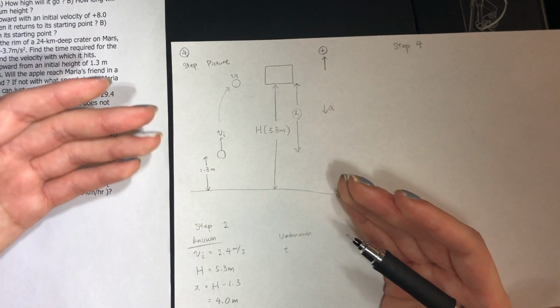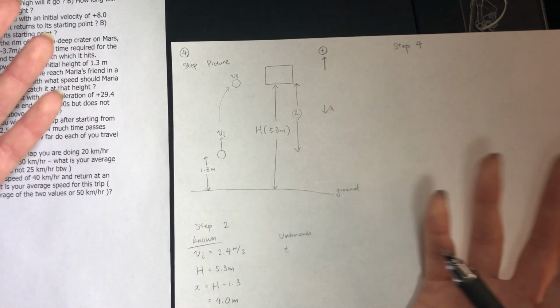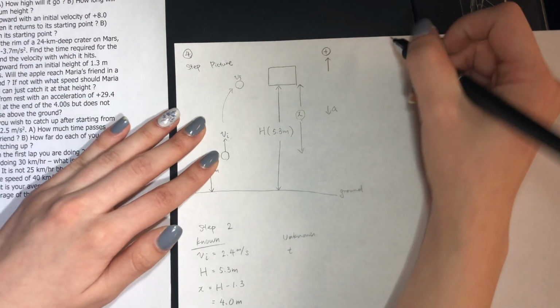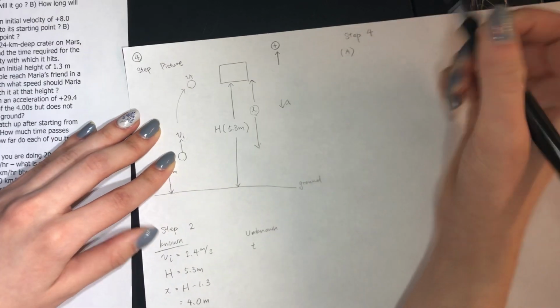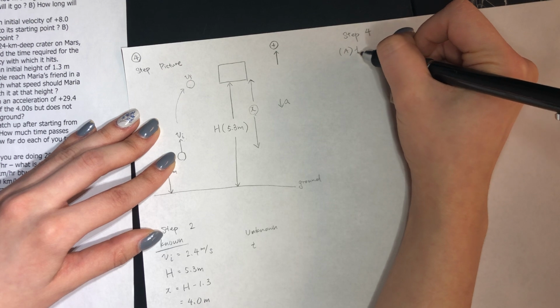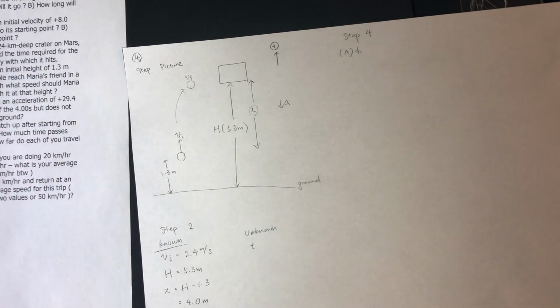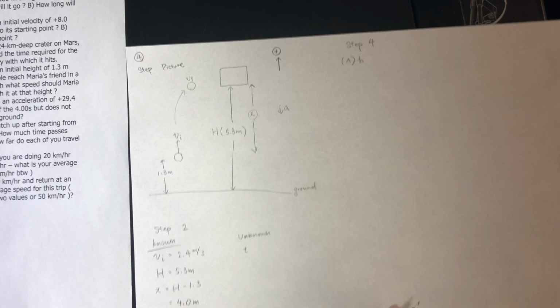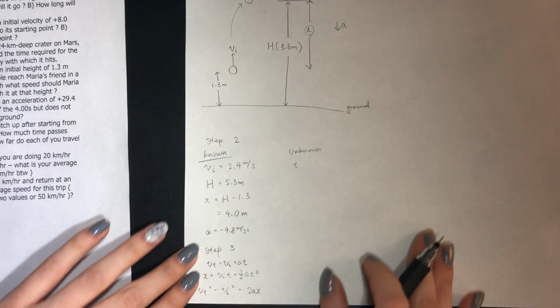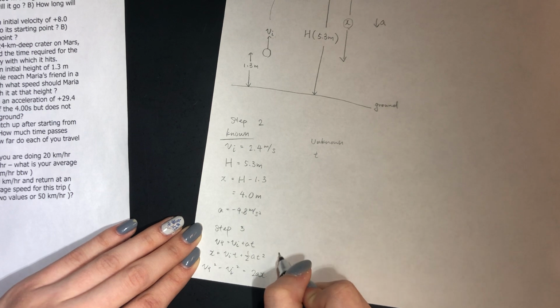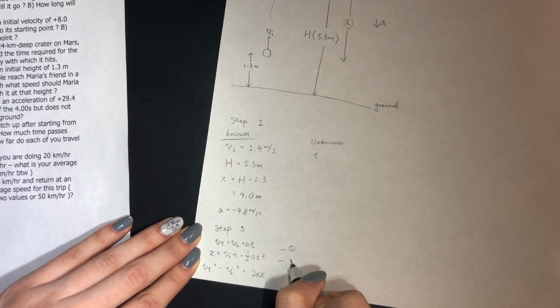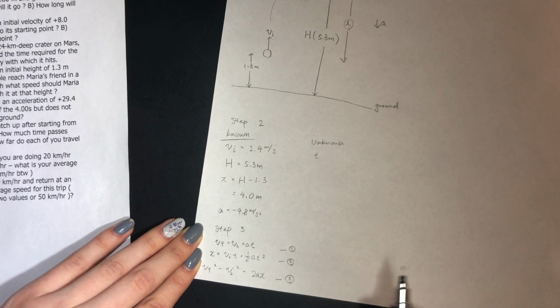I'm going to call this small h. Because we're kind of working with something hypothetical. So I want to know how far the apple can travel with an initial velocity of 2.4.